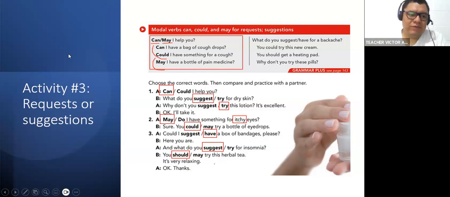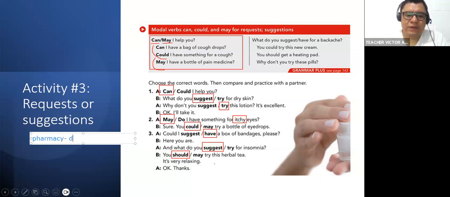Oh, by the way, before I forget, pharmacy and drugstore. Are they the same, guys, or are they different? Because you will find this in English a lot.